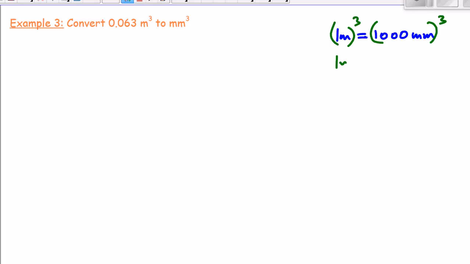So you'll have 1 meter cubed is equal to 1 billion millimeters cubed. Which means that because I'm moving from here to here, I'm going to multiply by 1 billion.